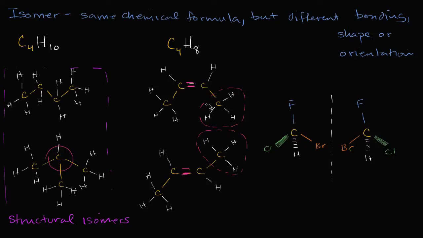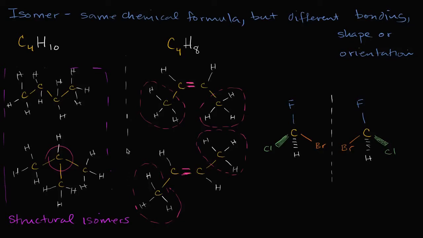Over here on the top, you have the CH3 groups. They're both, I guess you could say, facing down, or they're both on the same side of the double bond. While over here, they are on different sides of the double bond. And so this type of isomerism, where you have the same constituents and you even have the same bonding, is called stereoisomerism.